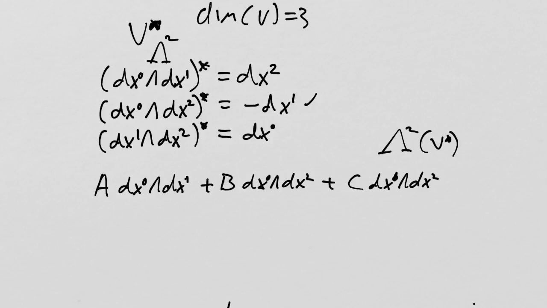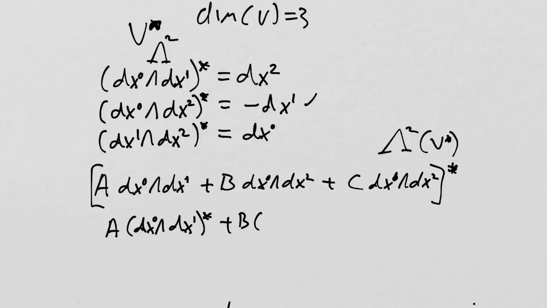So if I now want the Hodge dual of that, it's all very linear. The Hodge dual of that is going to be A times the Hodge dual of that plus B times the Hodge dual of that plus C times the Hodge dual of that.